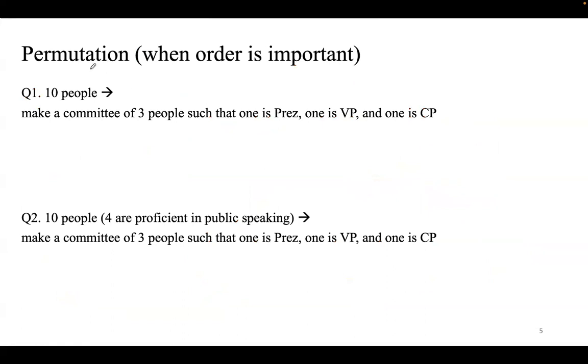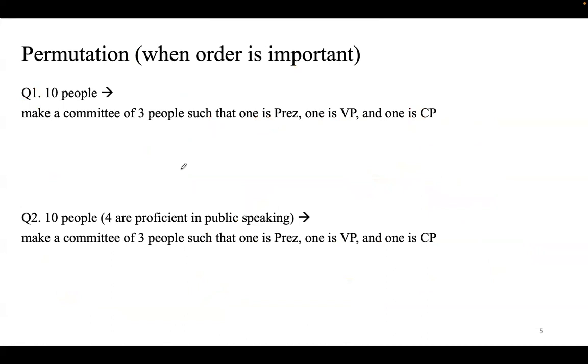Just a very similar example here. Take a look at question 1. You have 10 people and you want to make a committee of 3 people such that one of them is going to be the president, one the vice president, and one the chairperson.